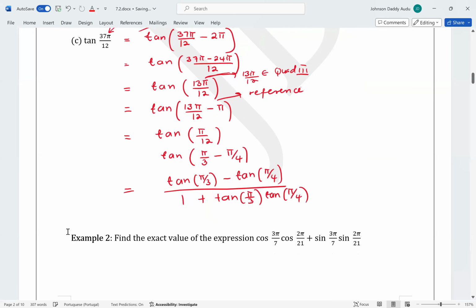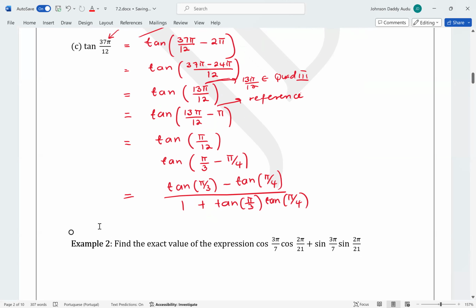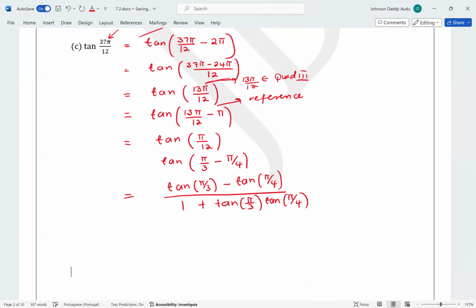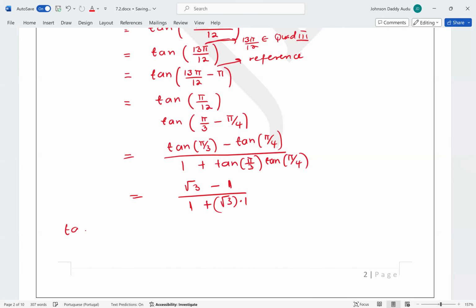And what is tan 60? It is root 3, minus tan 45 is 1, over 1 plus root 3 times 1. So it means that our final answer, tan of 13 pi over 12, is simply root 3 minus 1 over 1 plus root 3.